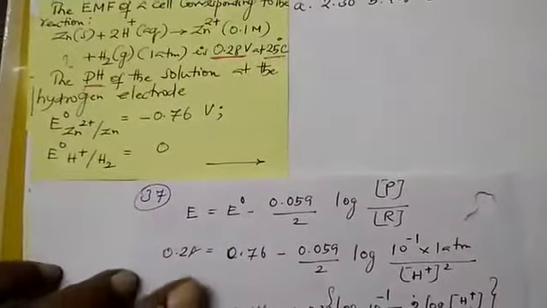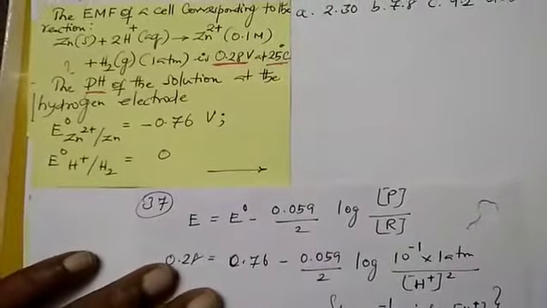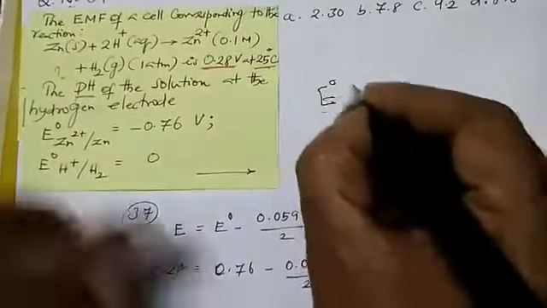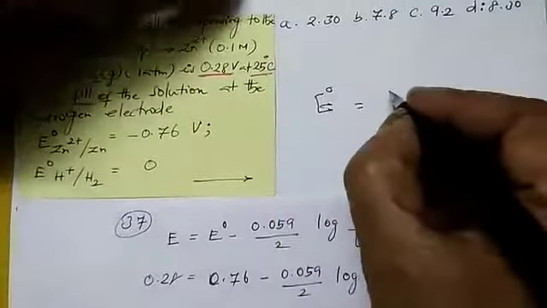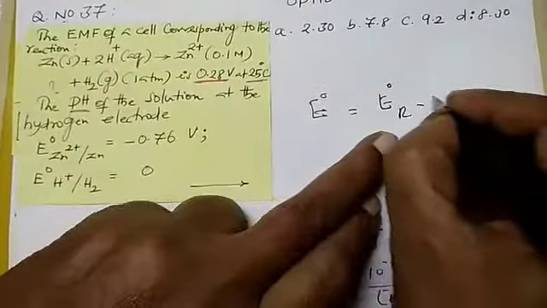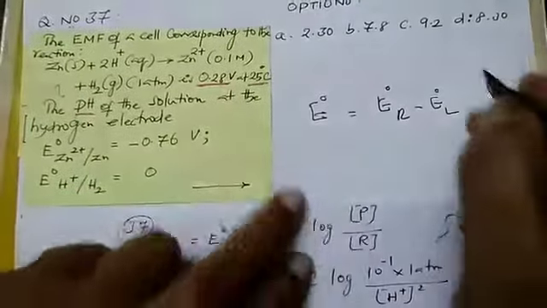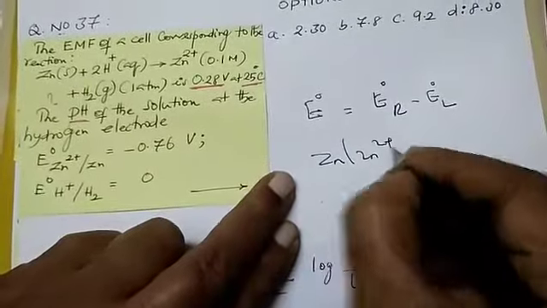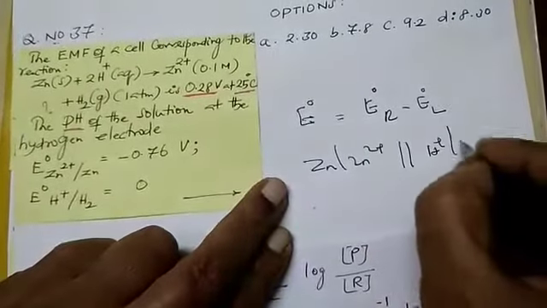E from the sum is given as 0.28. How do you find the E naught value? E naught is E naught of right minus left. The cell is constructed as zinc, zinc 2 plus, salt bridge, H plus and hydrogen.